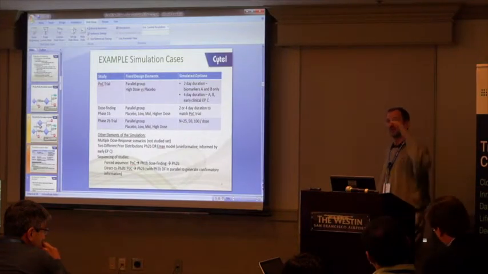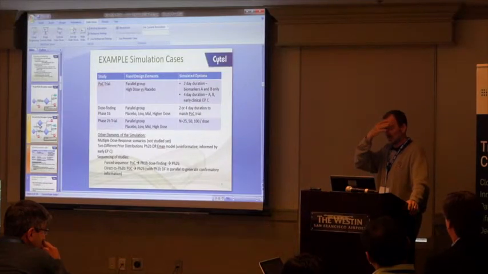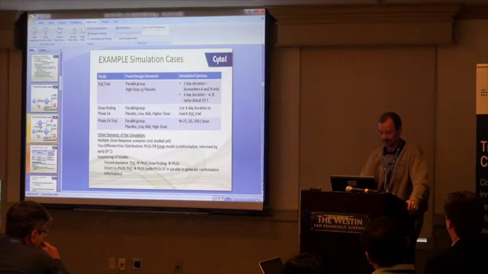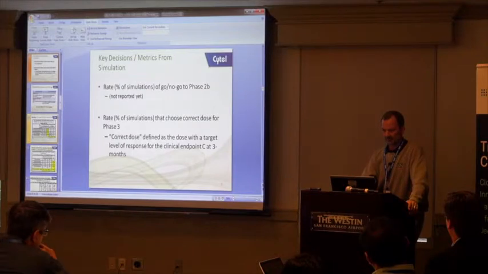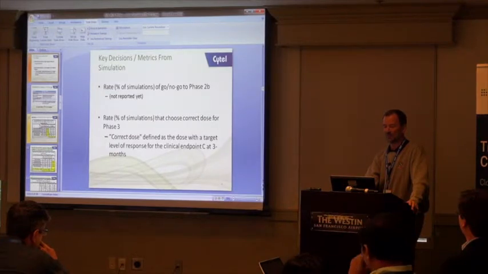And we looked at forcing through the biomarker dose-finding trial always. The key decision metrics were the rate of simulations in which we made the correct go, no-go decisions and the probability of choosing the correct dose.